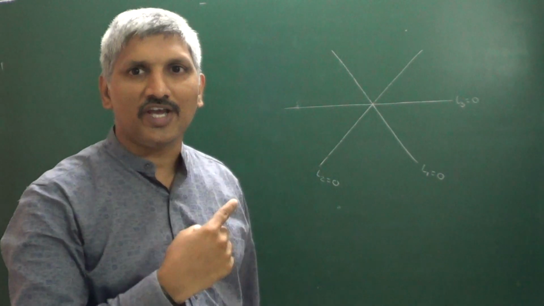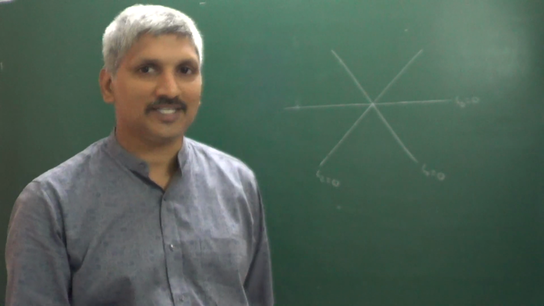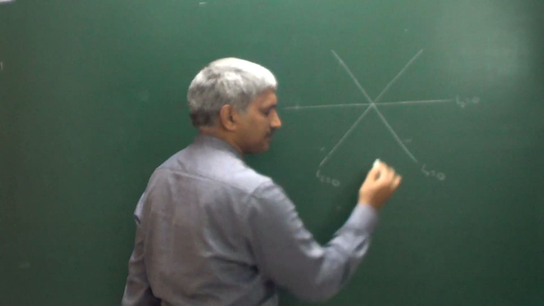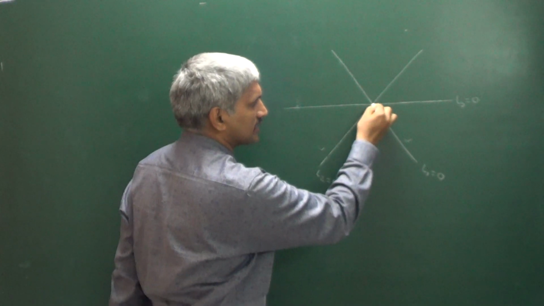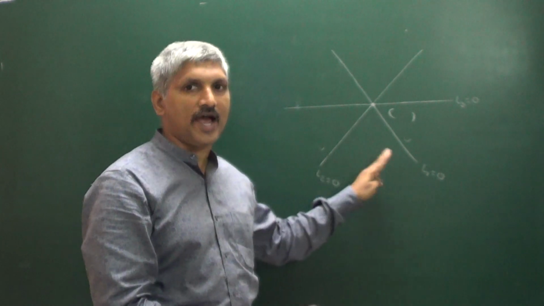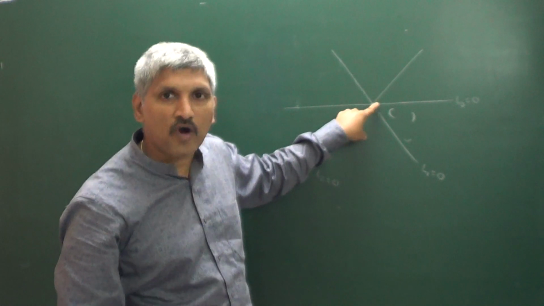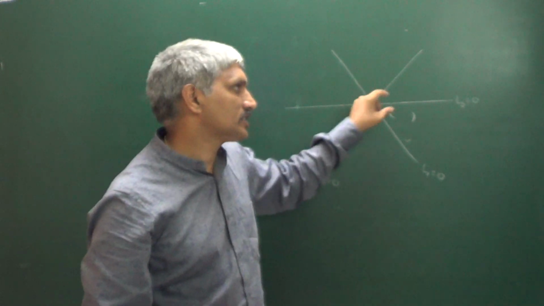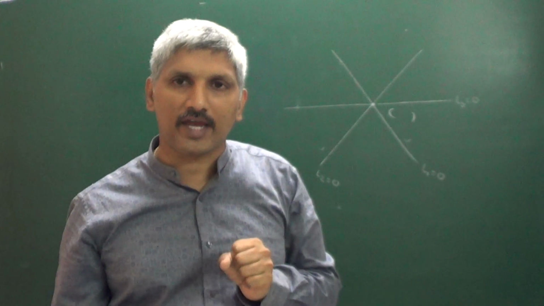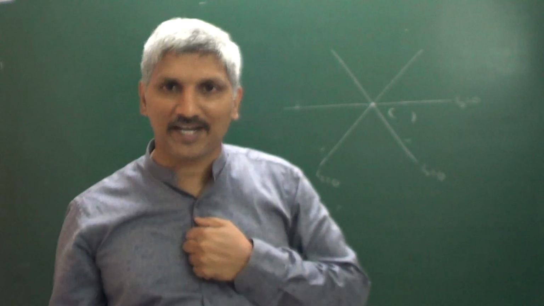If these three lines are concurrent, how to show it? No difficulty. Solve any two lines and we will get the point of intersection. Substitute that point of intersection in the third line. It has to satisfy. Then we say that the three lines are concurrent.